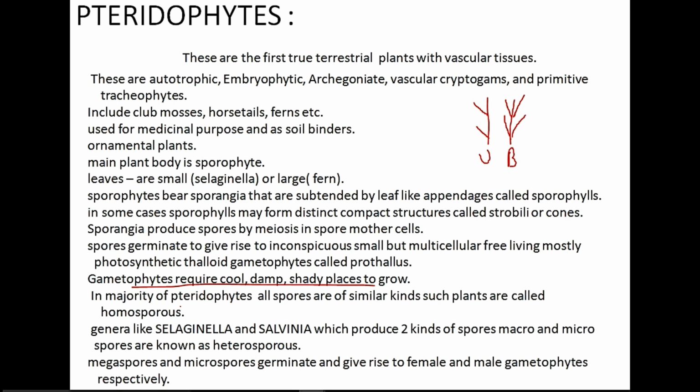Circinate vernation means coiling from the tip to the base. The petioles are covered with brown multicellular hairs called ramenta. If you see, there are small brown hair-like structures, and those are known as ramenta.